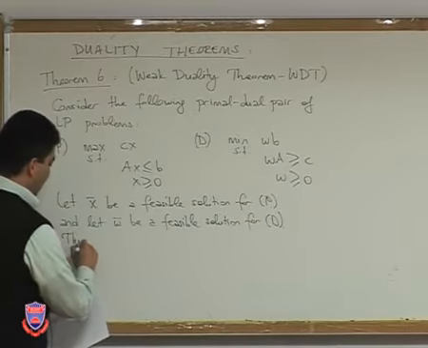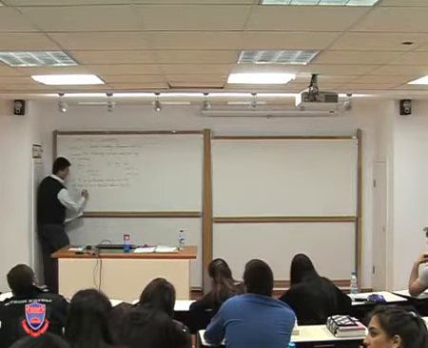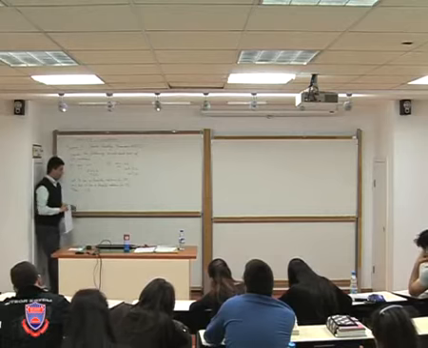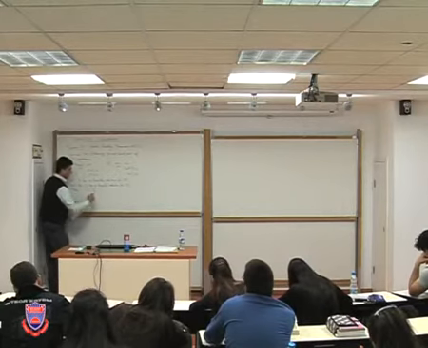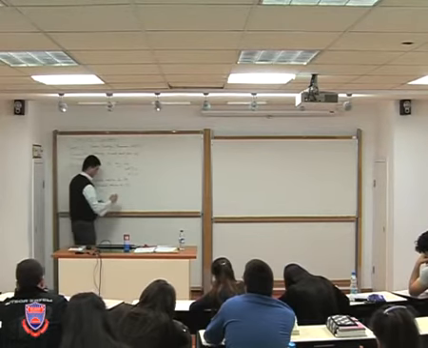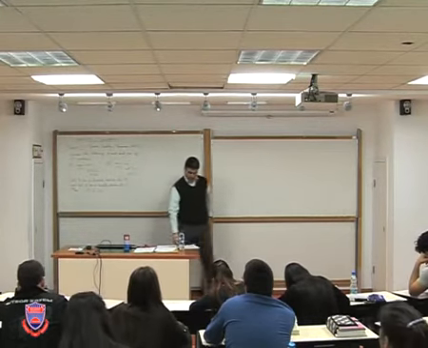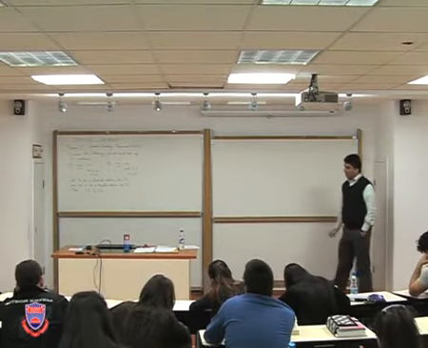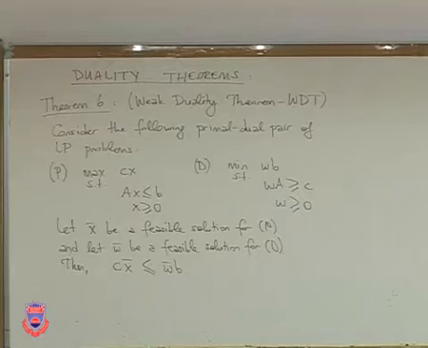Then we always have the following inequality. The objective function value evaluated at the primal feasible solution x bar is always less than or equal to w bar times b, which is precisely the objective function value of the dual problem evaluated at the feasible solution w bar. Okay?